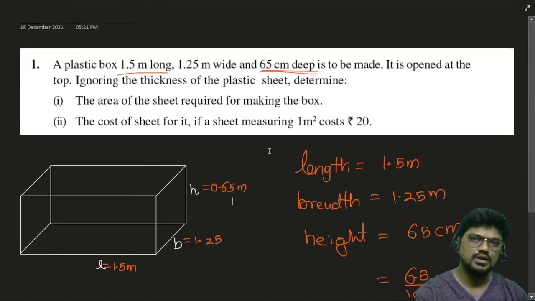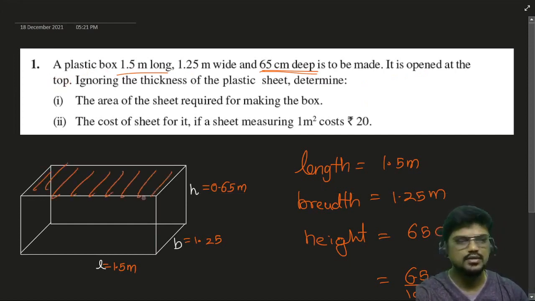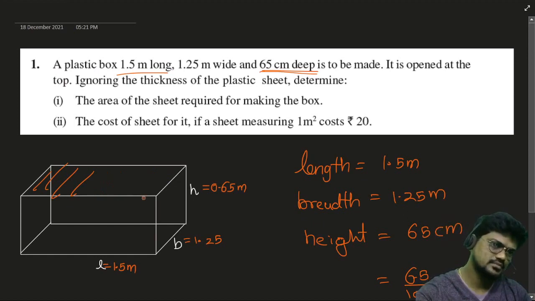Now the area of the sheet required for making the box. They have said that it is open at the top. That means at this area the sheet is not required, right?